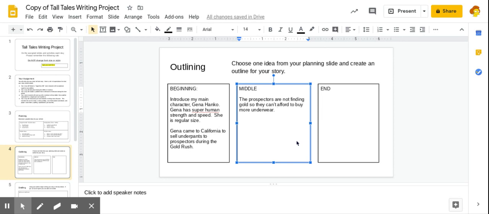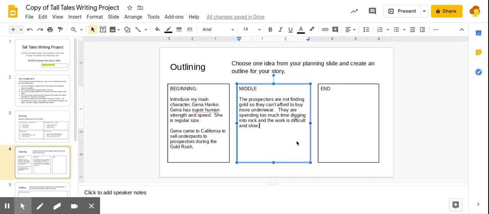Why can't they find gold? Maybe they are spending too much time digging into rock and the work is difficult and slow.